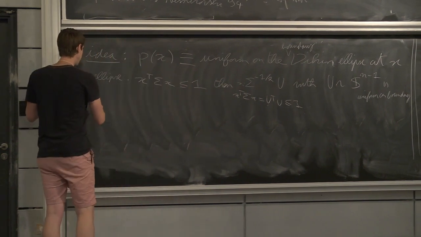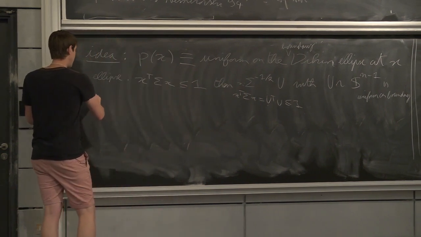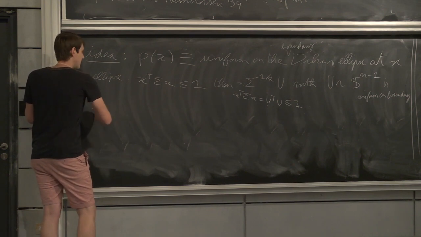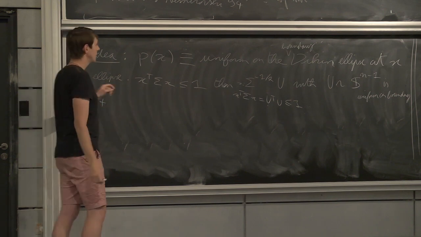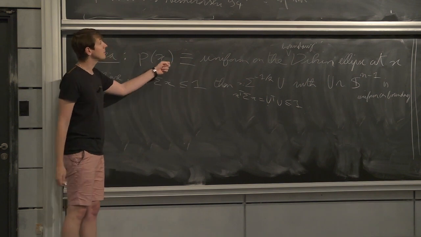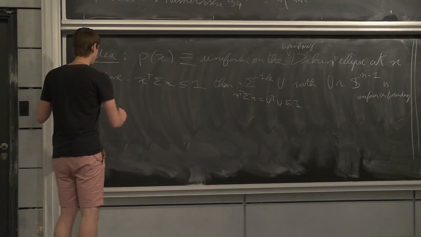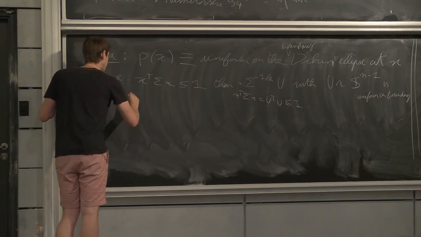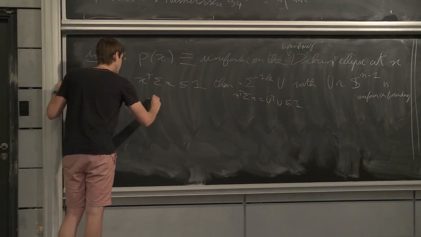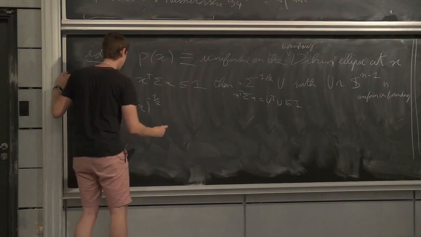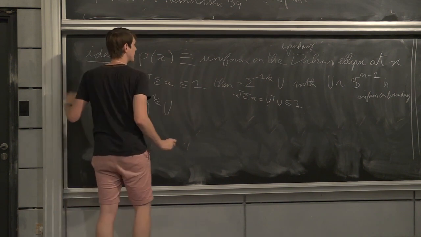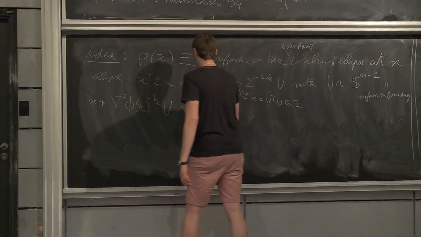Okay, so what does it mean? It means that if I take x plus, my ellipse here is given by the Hessian of phi. So x plus the inverse Hessian of phi at x to the 1/2, applied to U, this is distributed from Px.